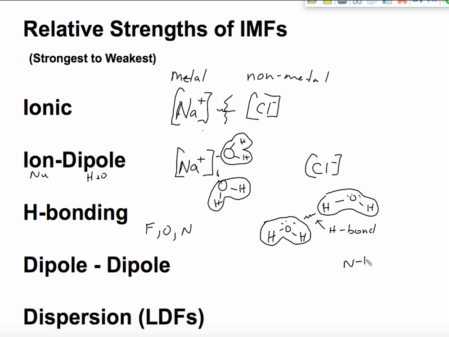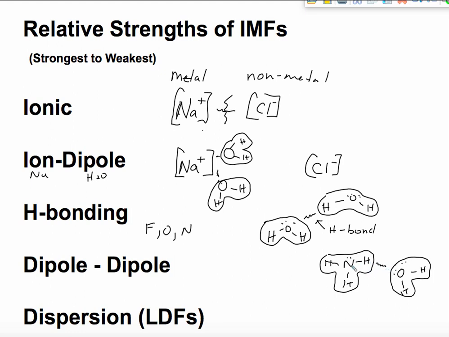You could also have, let's say, ammonia, which is like this right here. It has a lone pair. Well, the oxygen end of a water molecule will be attracted to the hydrogen end of an ammonia molecule. That's why when you pour them together, ammonia will dissolve in water, because they form hydrogen bonds right here.